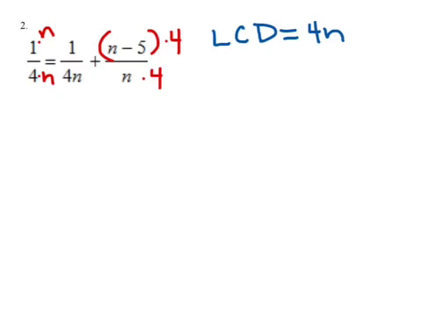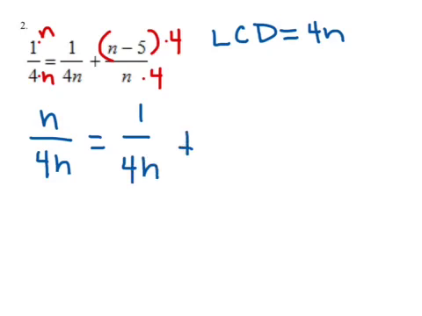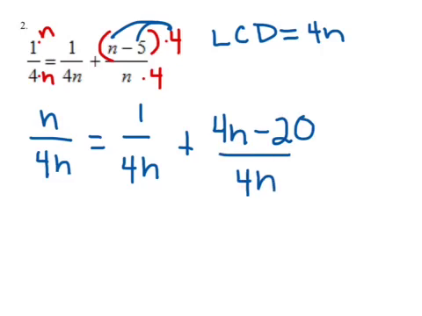Now, let's make sure that we rewrite our equation. So I end up with n over 4n equals 1 over 4n plus, distributing my 4 through, 4n minus 20 over 4n.